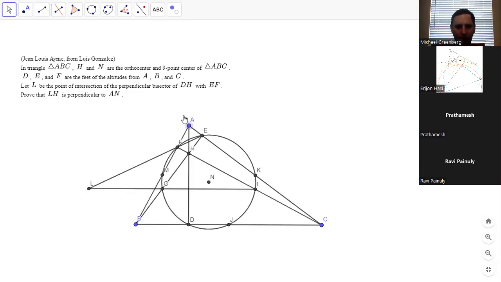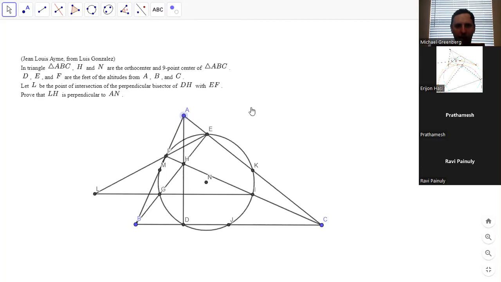Okay. Is there another circle we can draw? So what can we say about AN?